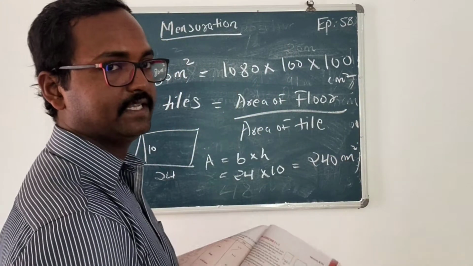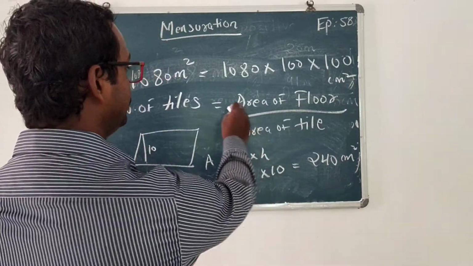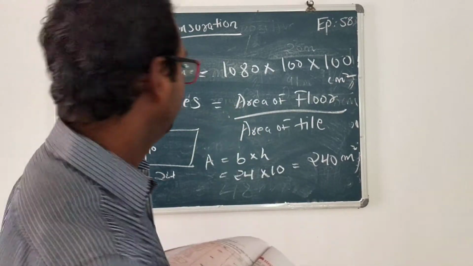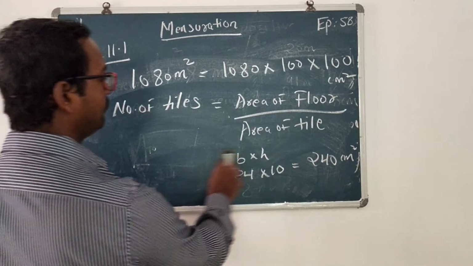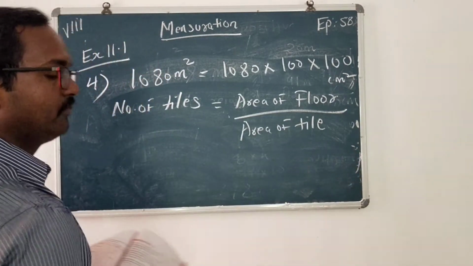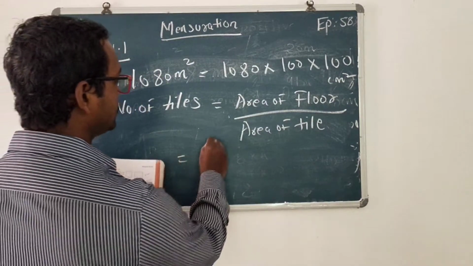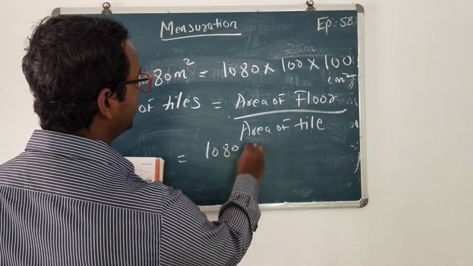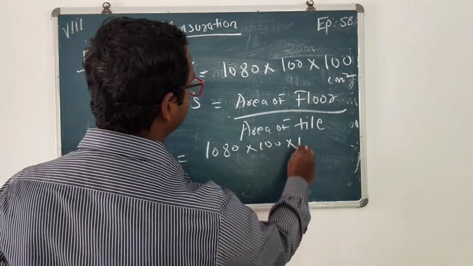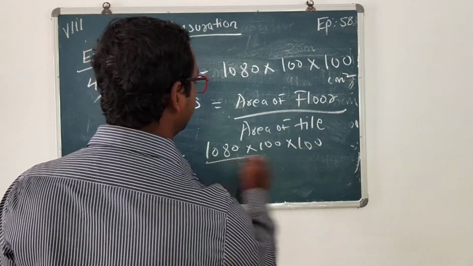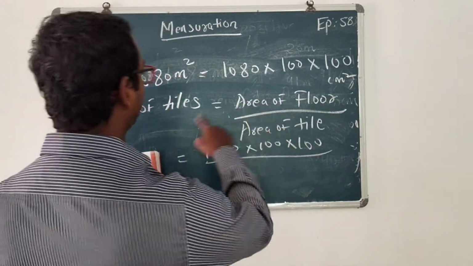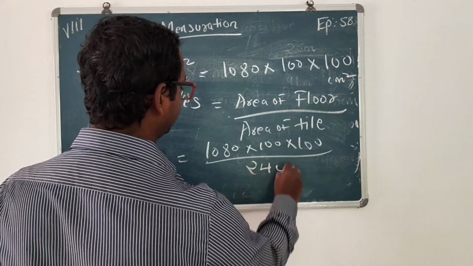Now let us put this into the formula: number of tiles is equal to area of floor divided by area of tile. So area of floor is 1080 into 100 into 100, divided by 240, which is the area of the tile.